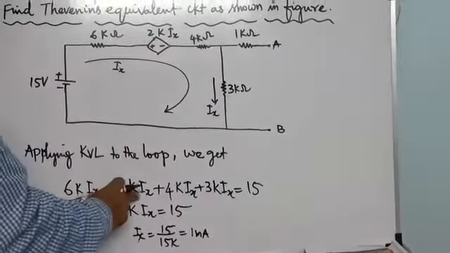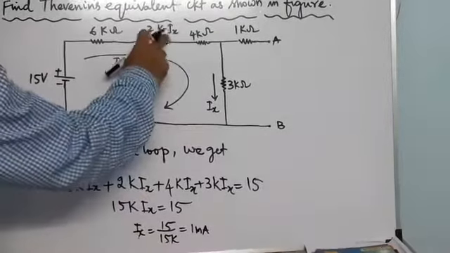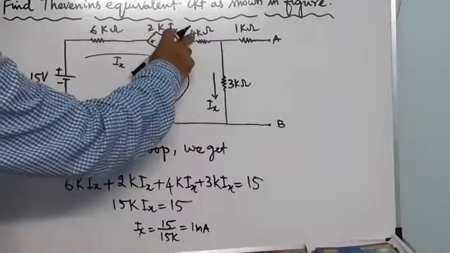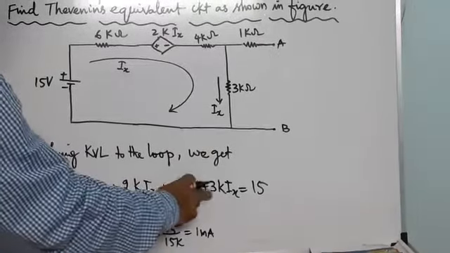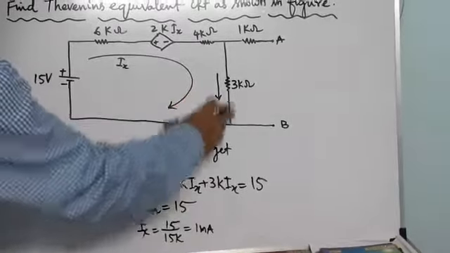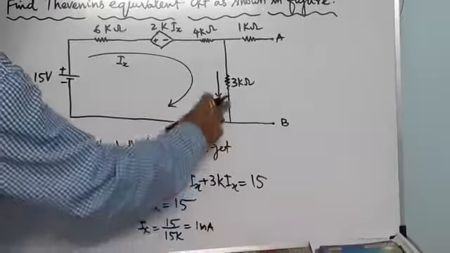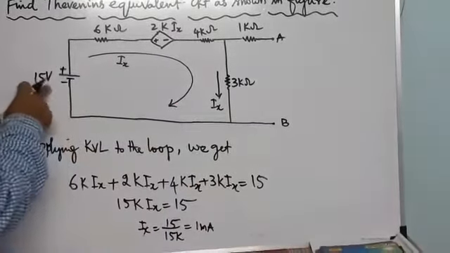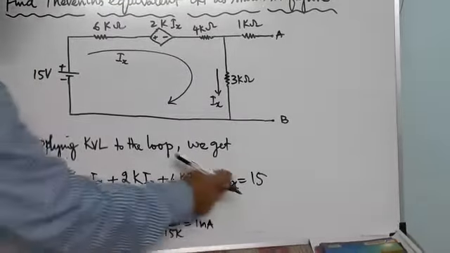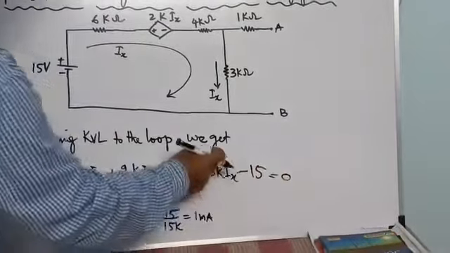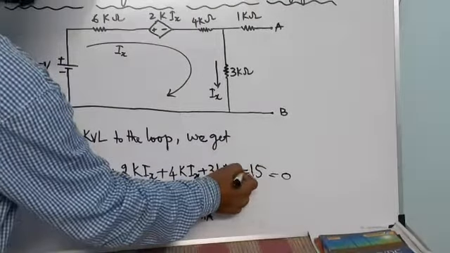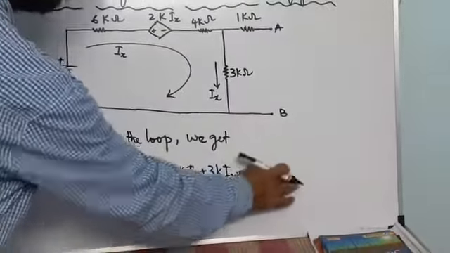So 2k Ix, then 4k Ix, and 3k Ix, then minus 15 is equal to 0. This is a voltage, so instead of minus 15 I can write it as equal to 15.